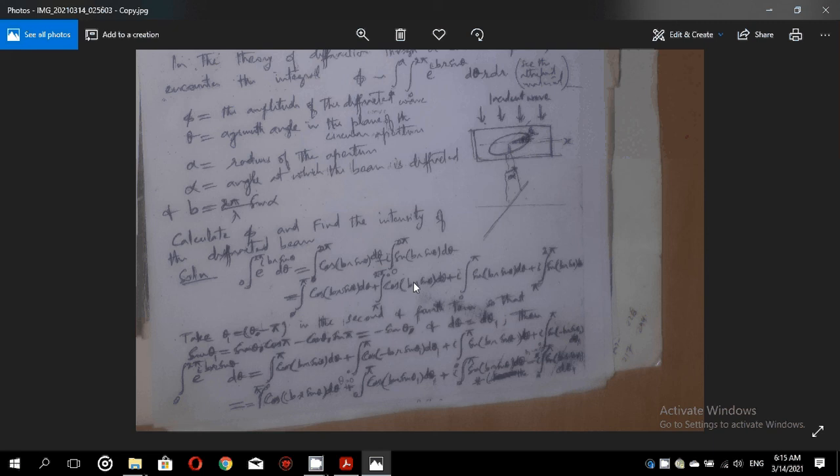Now in the second and fourth term, if we take theta 1 is equal to theta minus pi, that is sine theta 1 is equal to sine theta into cos pi minus cos theta into sine pi. This is obviously equal to minus sine theta, and d theta is equal to d theta 1.